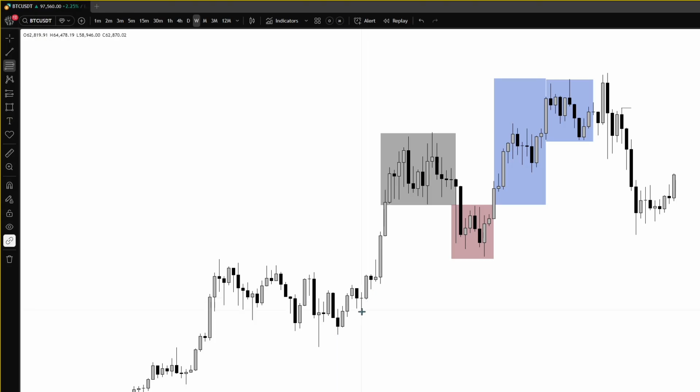We can take this swing low to swing high. For those of you that know premium and discount, we hit this high time frame fair value gap in discount.